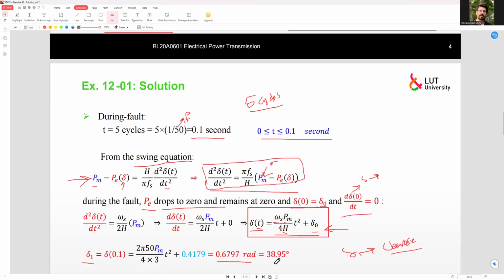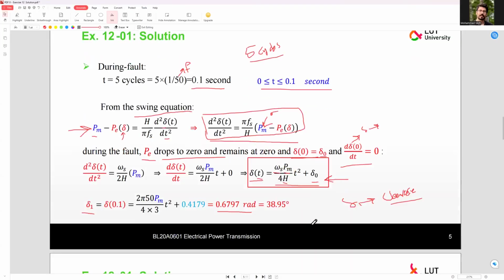So delta 1 is the delta that we have during the moment that we clear the fault. Okay, so we calculated delta 0 for the pre-fault condition, and we calculated delta 1, which is the delta related to the fault clearance moment.